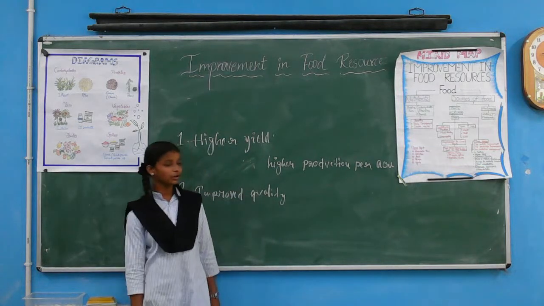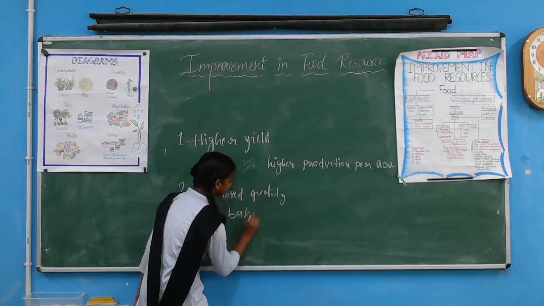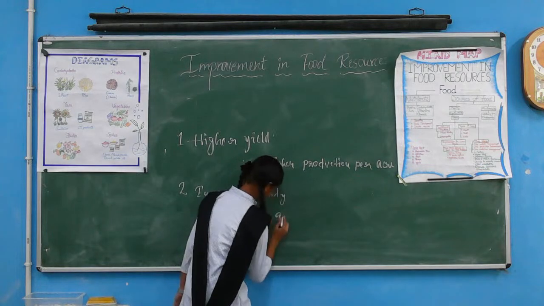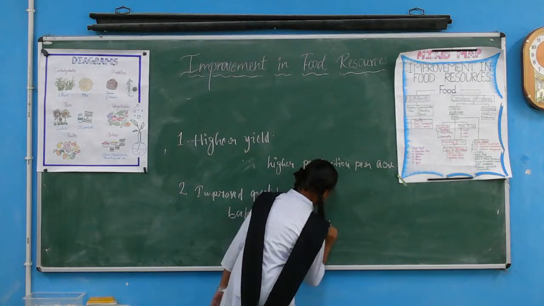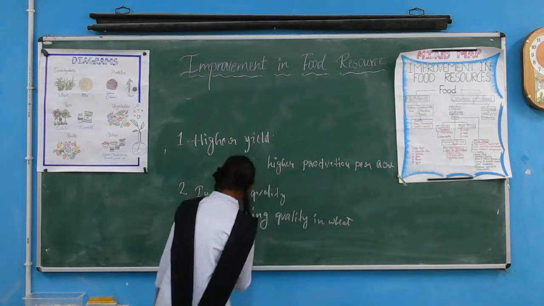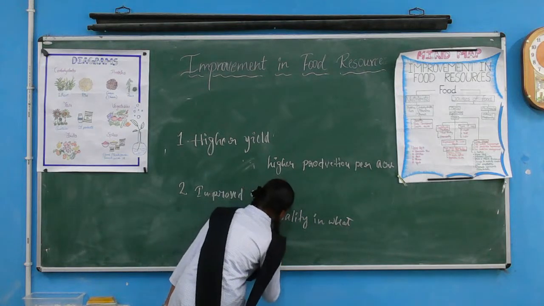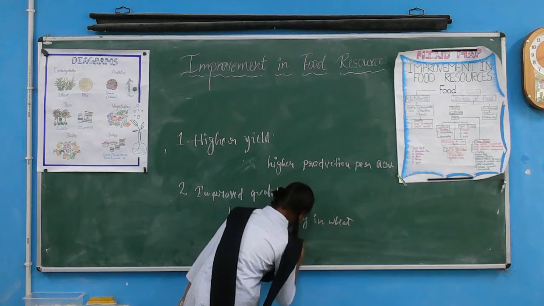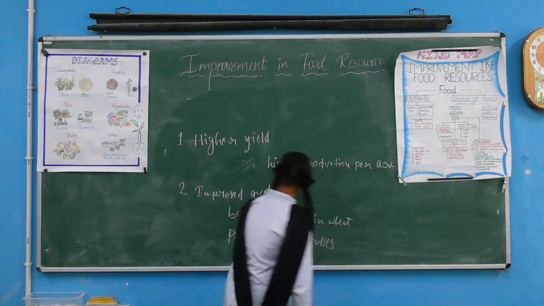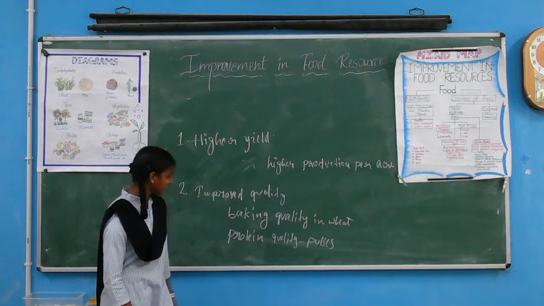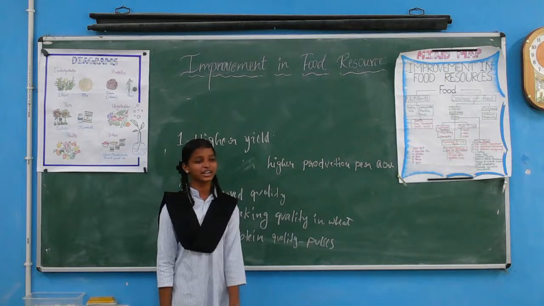Some of the important quality traits are baking quality in wheat and protein quality in pulses. And there are some more examples.